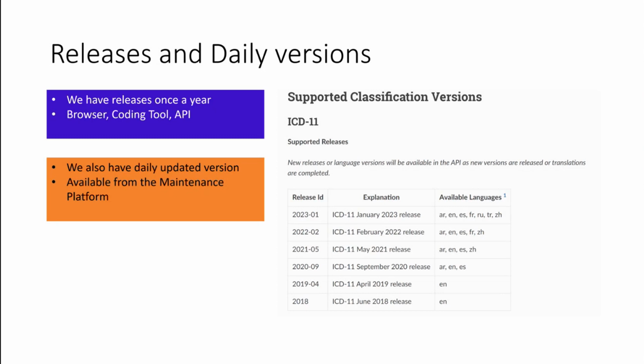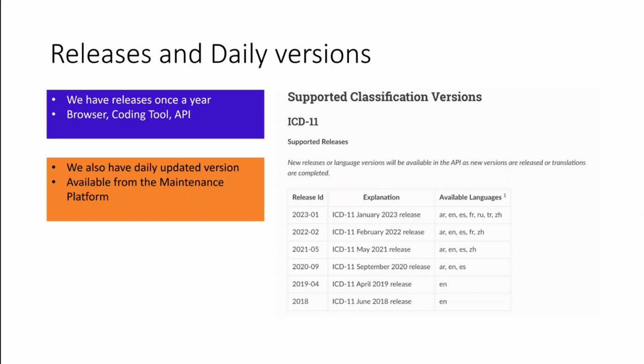On the other hand, in the Orange platform, in the maintenance platform browser, we see a daily snapshot of what is in the classification. For example, when a proposal is accepted, our colleagues at WHO might go there and actually implement that proposal, and then that will appear in the browser that day. We may still want to make some adjustments later during the year.